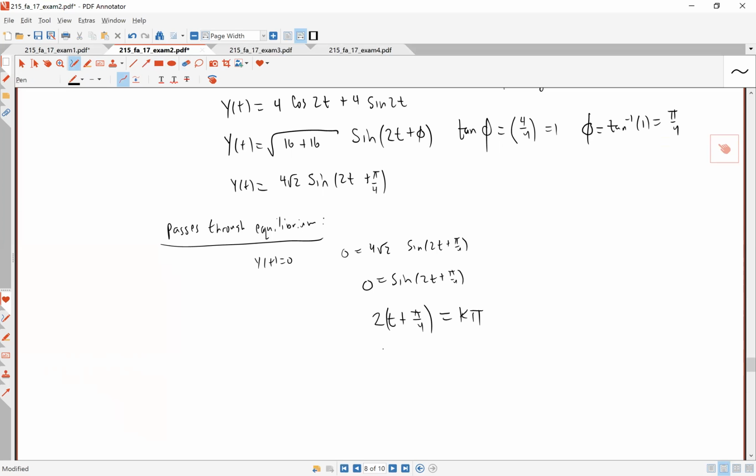And so then that says that 2t, yeah, that was. Subtracting pi over 4 from both sides, it says that t is 2k pi minus pi over 2. All right, so that's going to be the first k that makes that positive.